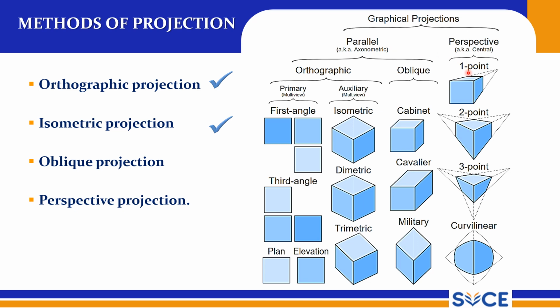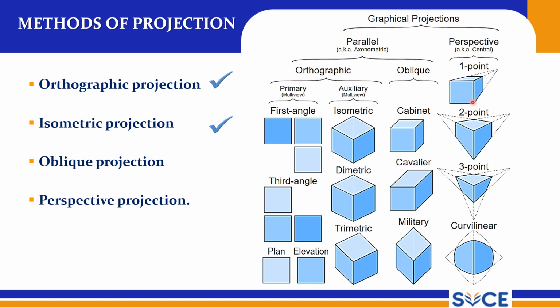In photographic view, we can see the front edges with bigger size, and when you see the edges which are behind and a little away, they will look like smaller edges. So this is the bigger edge compared to this edge.